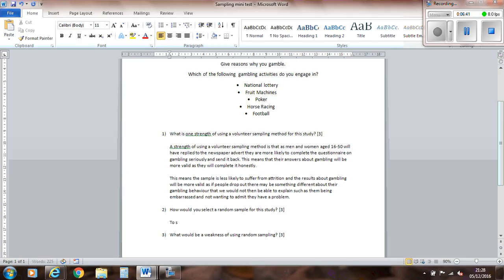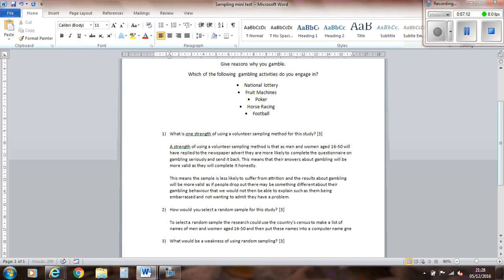So, to select a random sample, the researcher could use the country's census to make a list of names of men and women aged 16 to 50 and then put these names into a computer name generator to select randomly the size of the sample, such as 100 people.